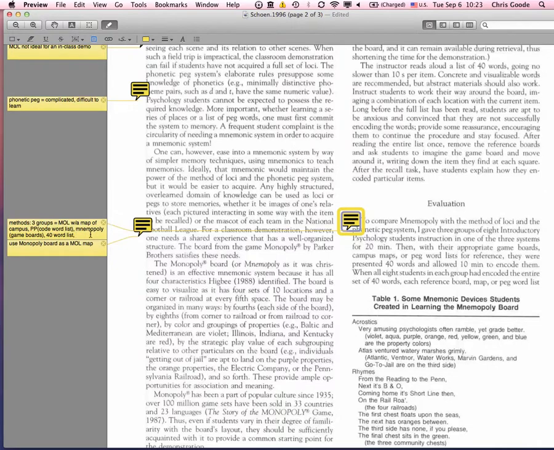They're allowed 10 minutes each to encode them? You think you're going to do that with the Phonetic Peg System? So memorize for 10 minutes. When all 8 students in each group, so 3 groups, 8 students per group.